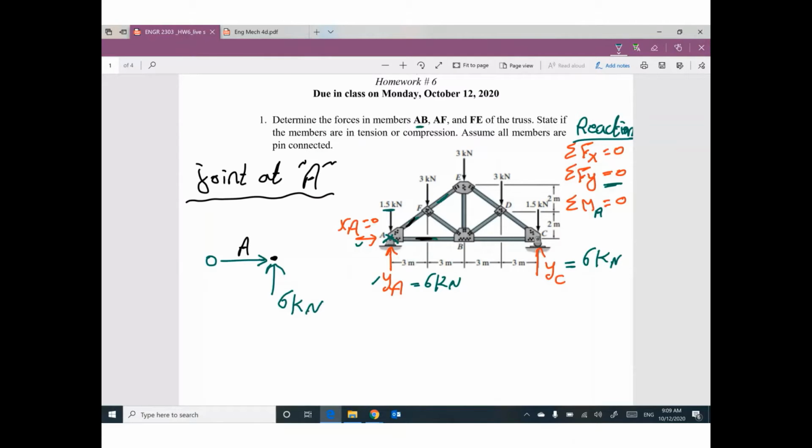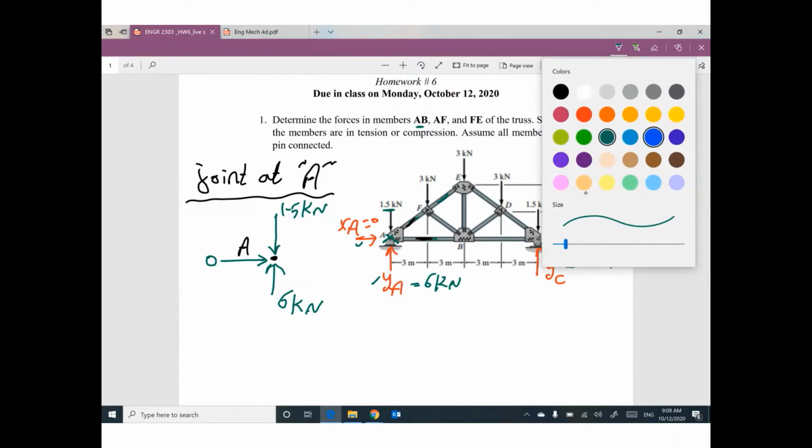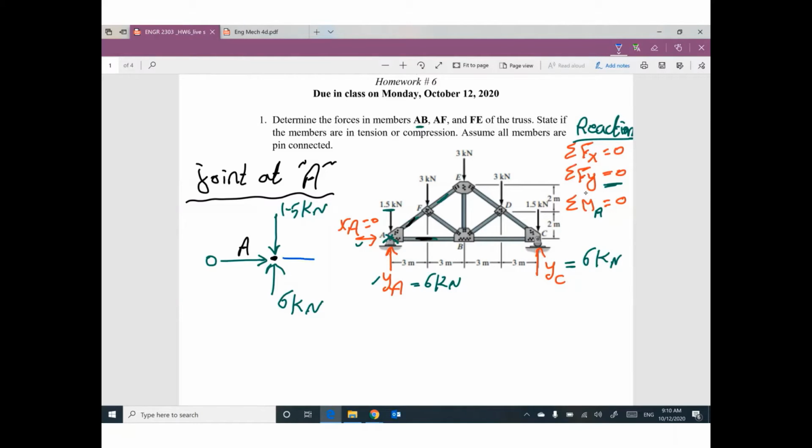We have the vertical force given, 1.5 kilonewton. And what else? We have a horizontal member, which I'm going to assume like this, called FAB. I have another inclined member here, with force I'm going to call FAF.